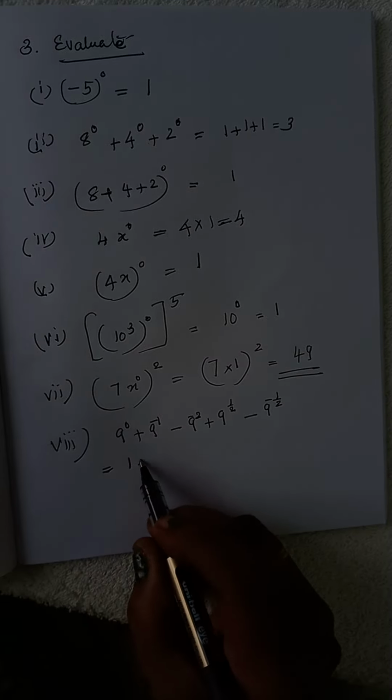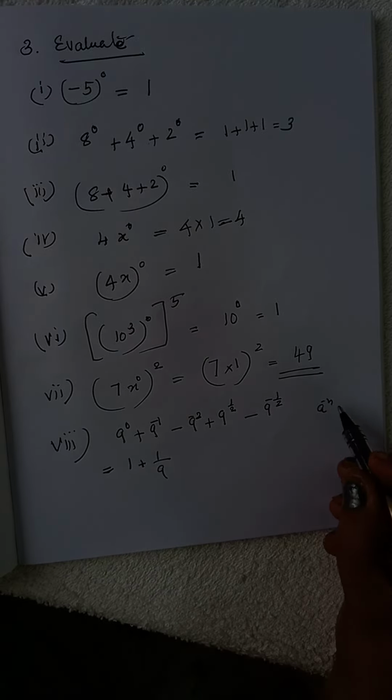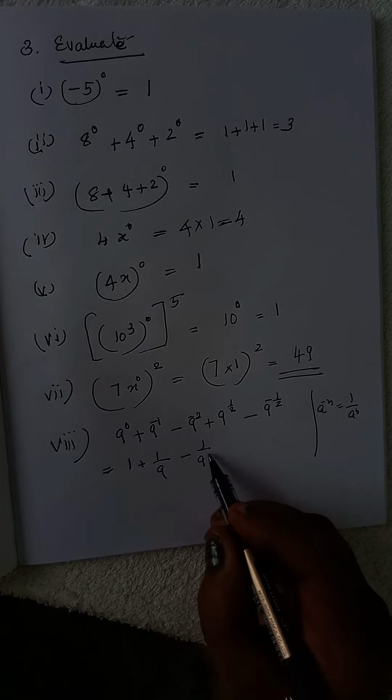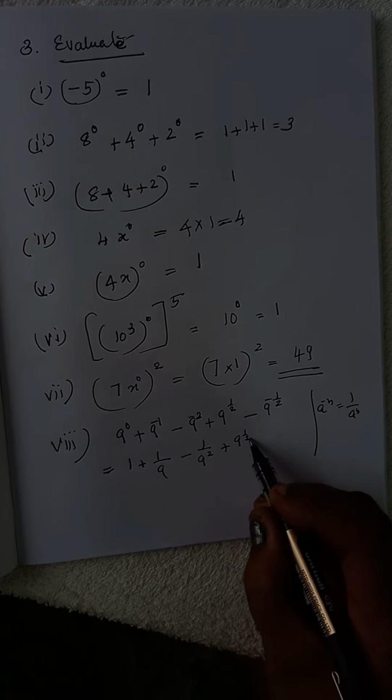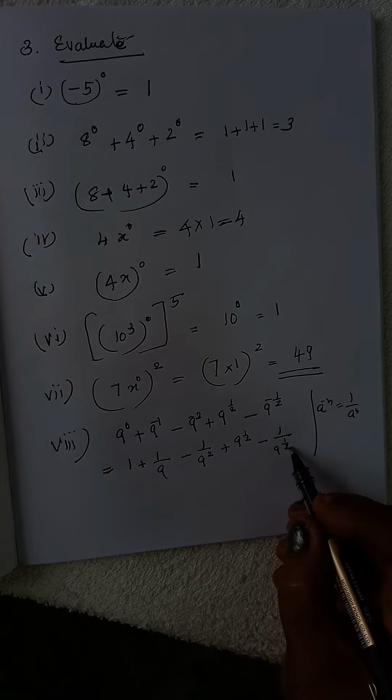Can be written as a^0 form. This is 1 plus 1 by 9, using a^-n is 1 by a^n, like that. So minus (1/9)^2 plus 9^(1/2) minus (1/9)^(1/2).